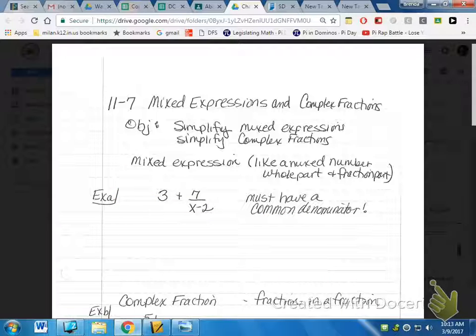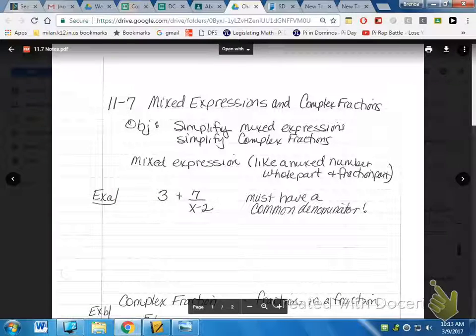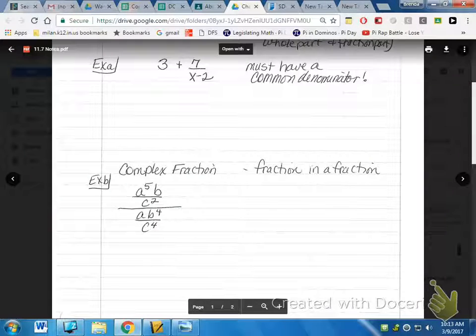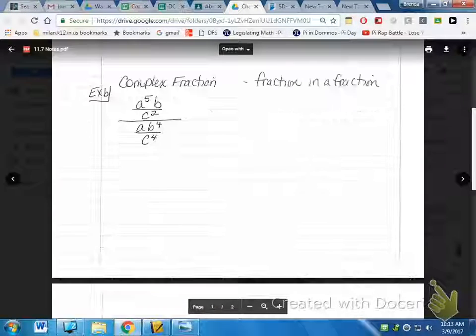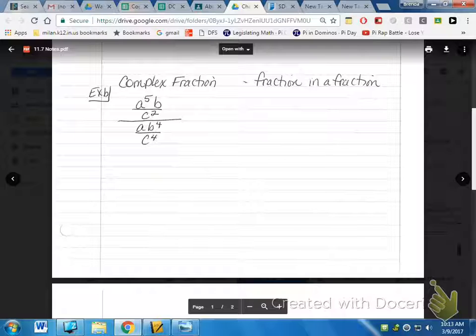The second part actually is not awful. It's called a complex fraction, and what's going on there is it's a fraction in a fraction. So here's the thing about that. Just like if it were just plain numbers, that bar means what operation? It means division. So let's think about this.